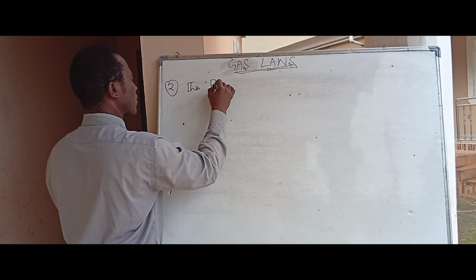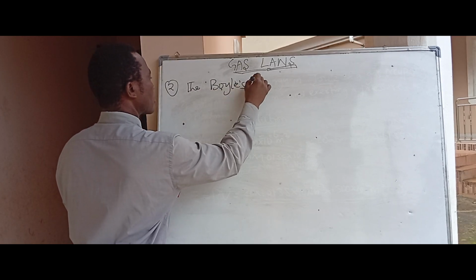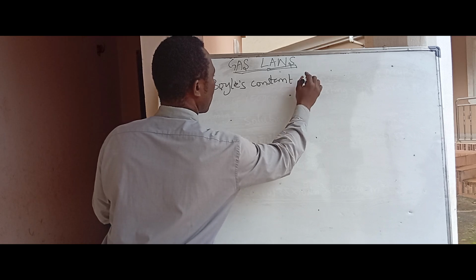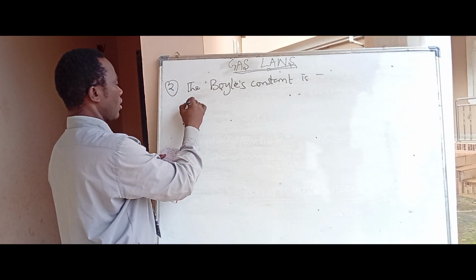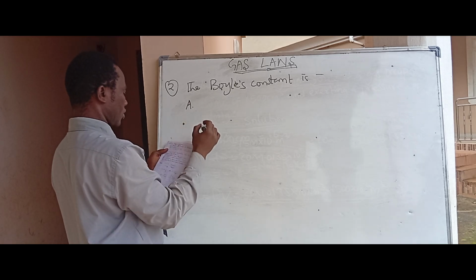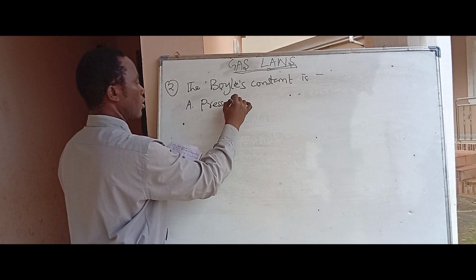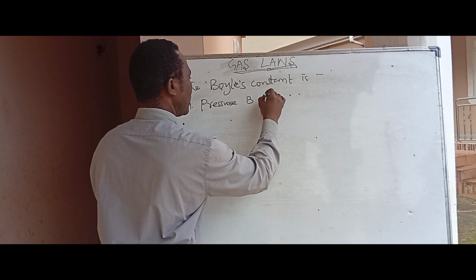The Boyle's constant is dash. The Boyle's constant is dash. These are the options. Option A, pressure. Option B is energy.